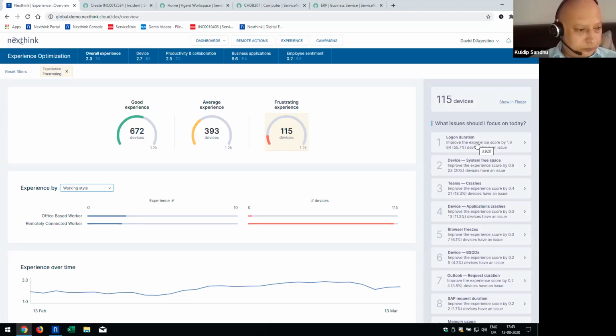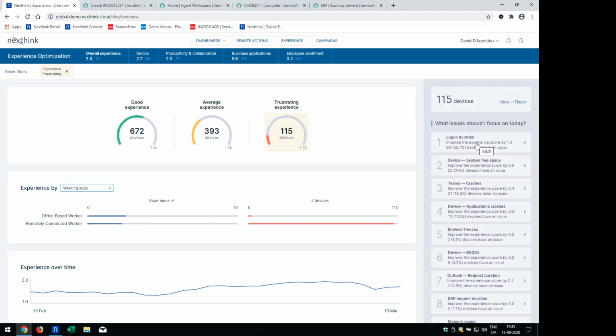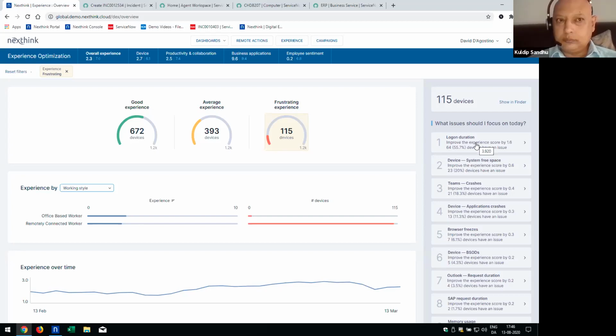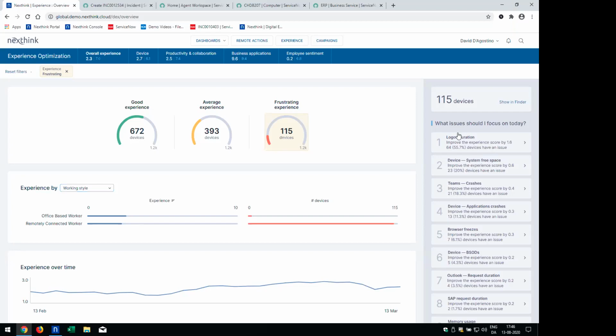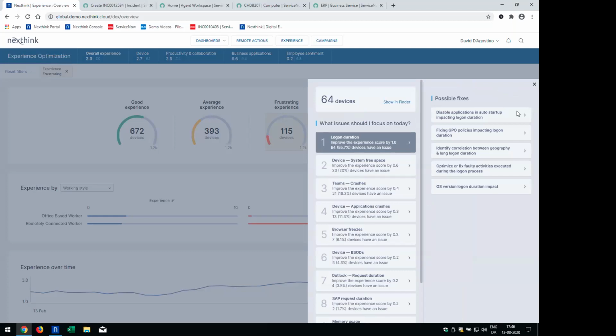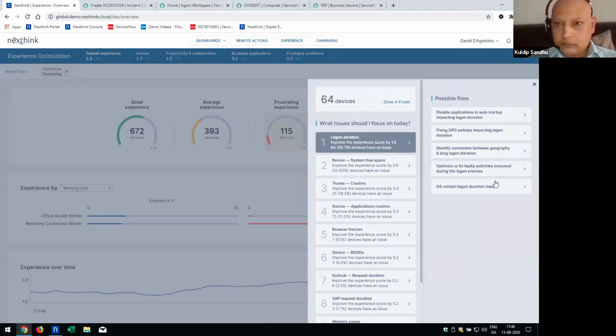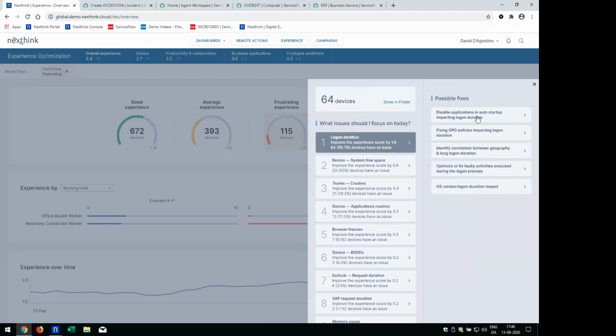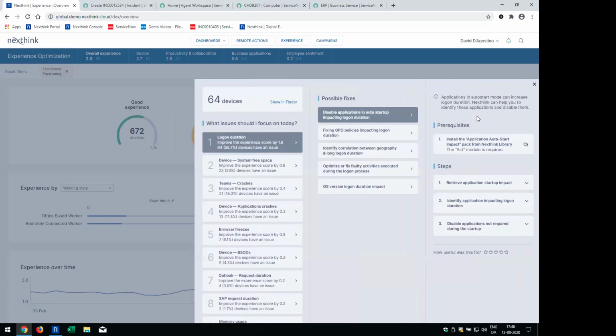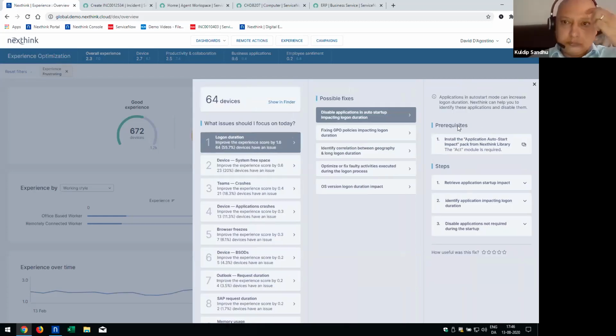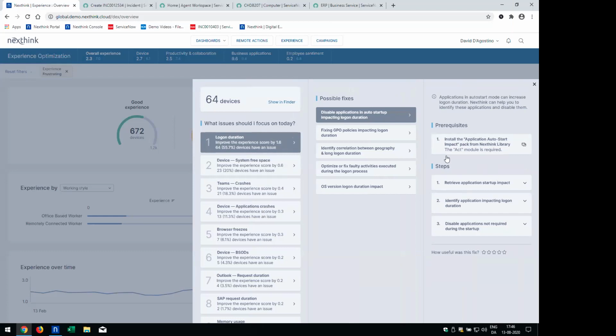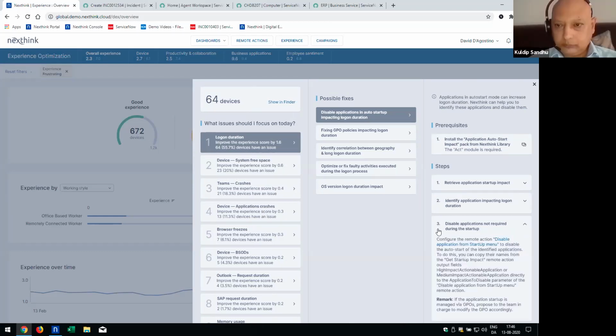Now, at this point, traditionally, I'd have to start doing some unscientific planning and figuring out what's going on with incomplete information. What NextThink can give us is a whole set of options where I can drill into that data that we're collecting in real time and either continue to do further investigation or even start to do automation in order to solve that problem.